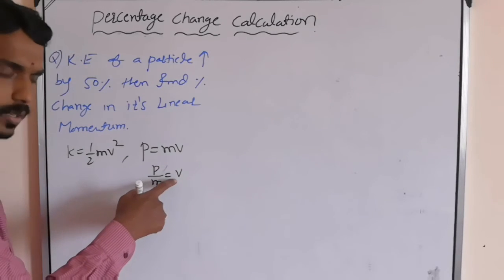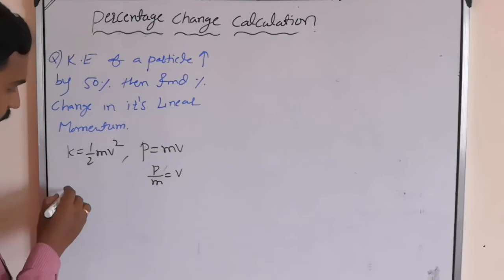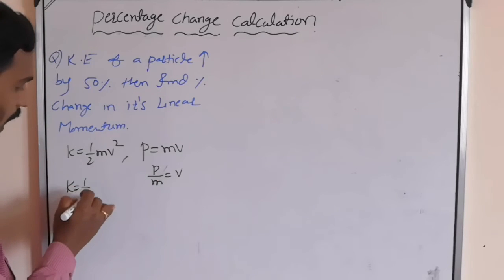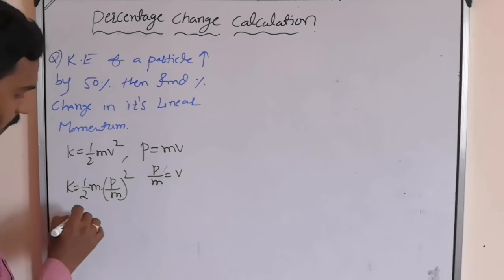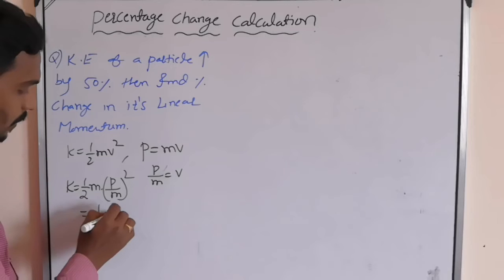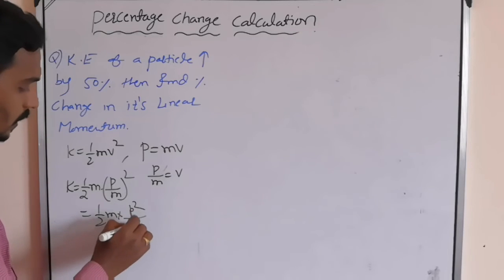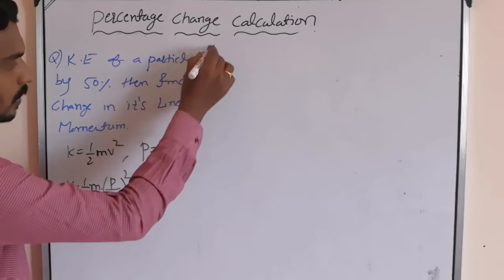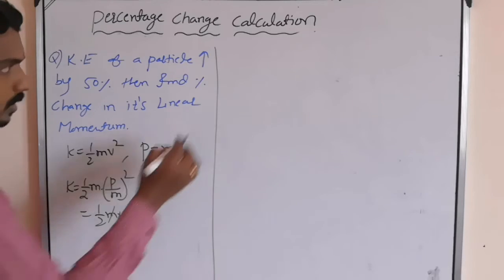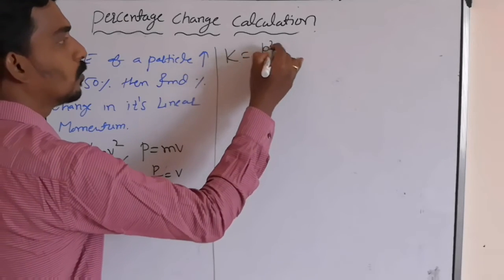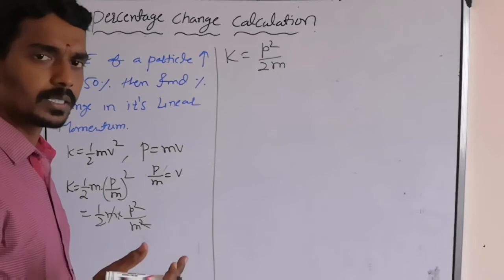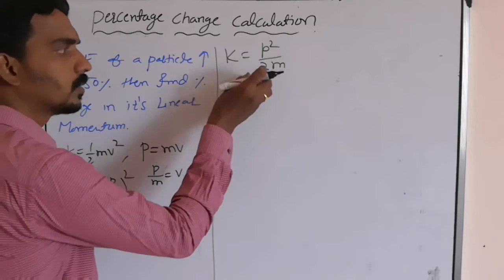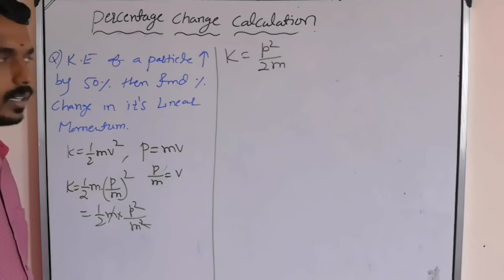So the v value you can substitute as p by m. So K will become half m, (p by m) whole square. Half into m into p square by m square, m cancels. Now, kinetic energy equal to p square by 2m. Of course, in the work energy power chapter, you might have studied this formula already.